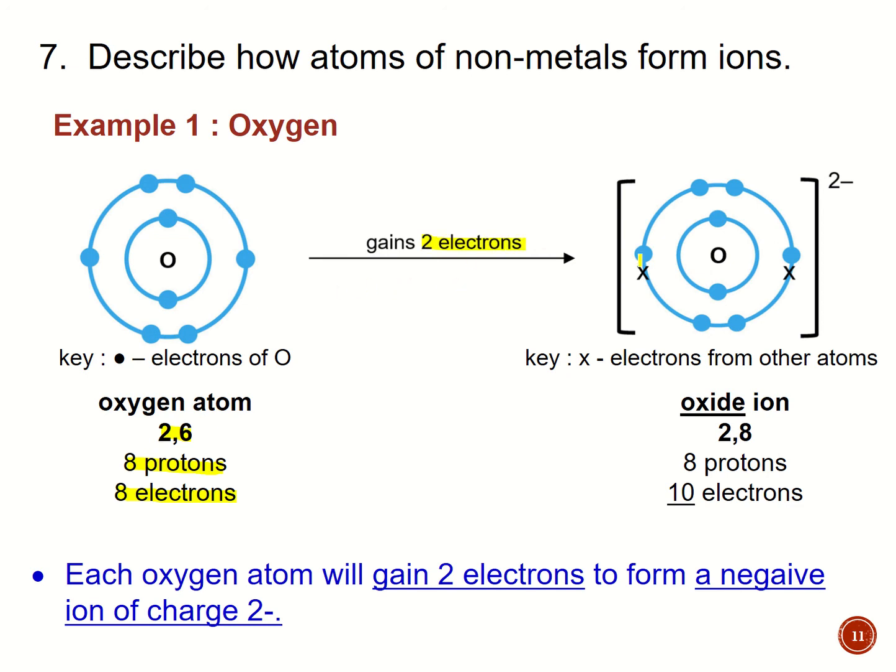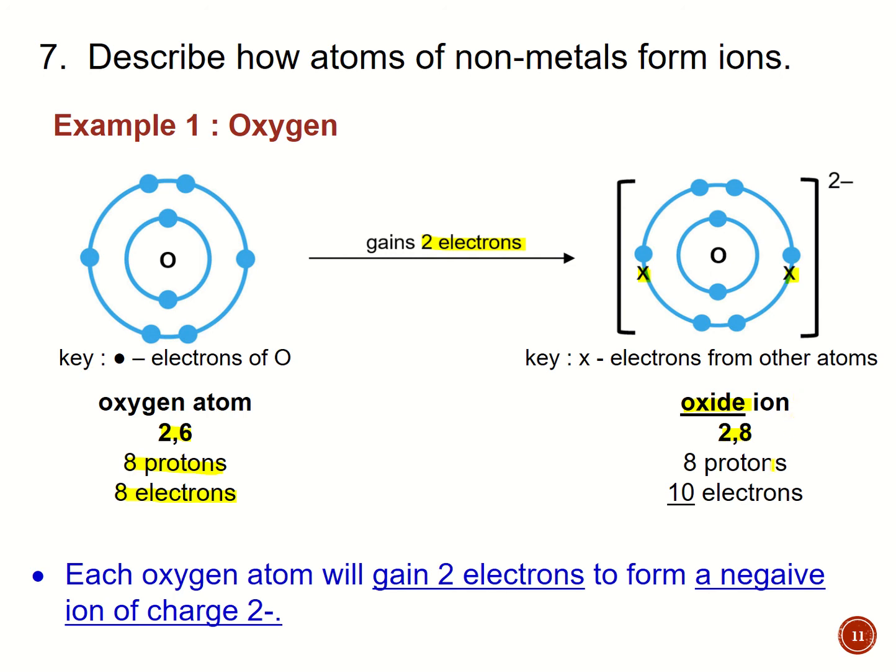And when this happens, a negative ion is formed. Your oxide ion is formed. And the oxide ion will have the electronic configuration of 2, 8. So these 2 electrons from other atoms will be gained by the oxygen atom to form this oxide ion.